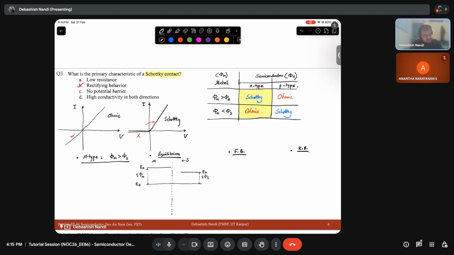Similarly, since this is n-type, I'll have EC close to the Fermi level, and then EV. Just one doubt, sir. Why is phi m greater than phi s always? No, not always. I will also show you the other case. For this case, we are considering phi m greater. This is one case. Okay, fine.